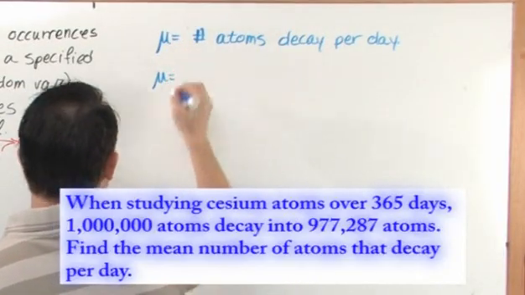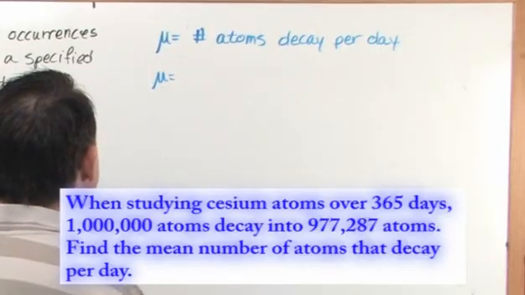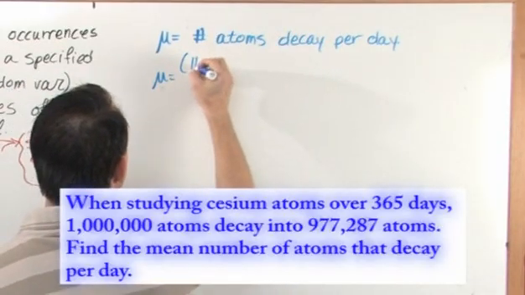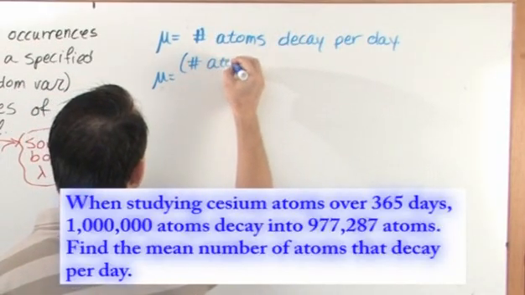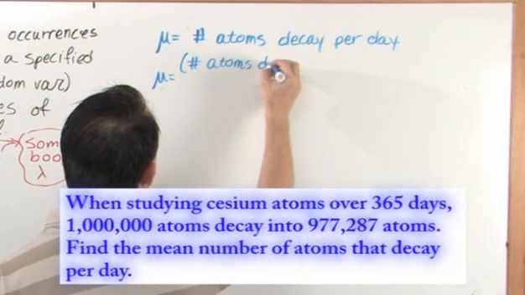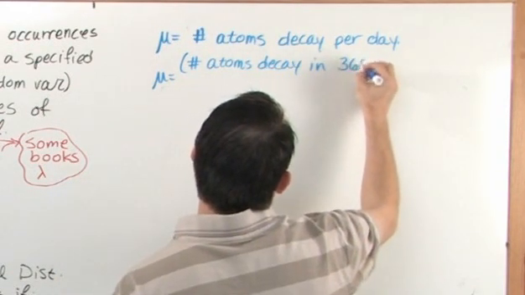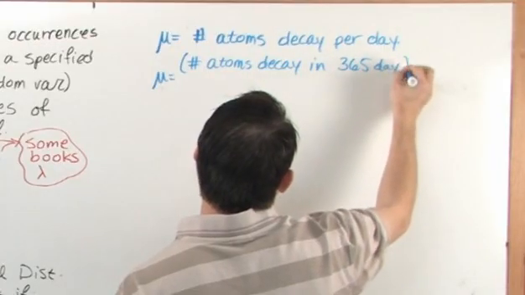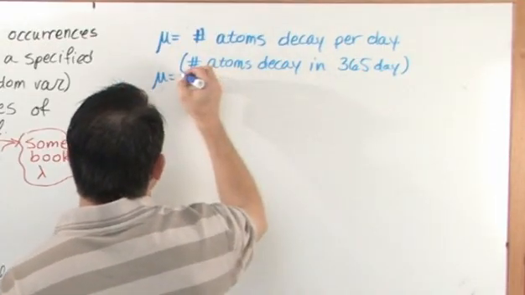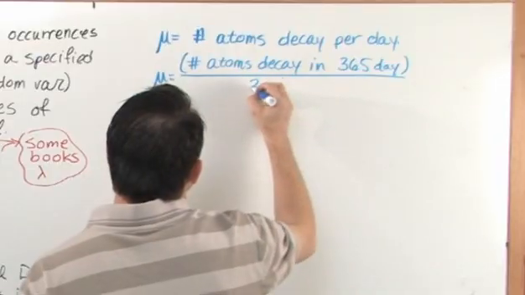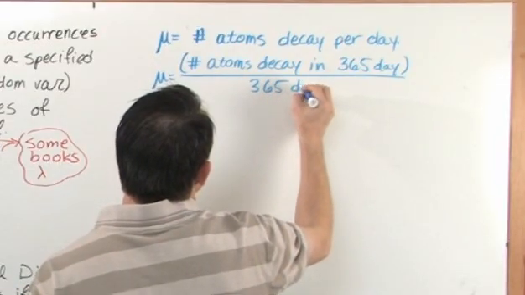So mu is basically going to be, just in words, the number of atoms that decay in 365 days. That's the total number of atoms that decay divided by 365 days.